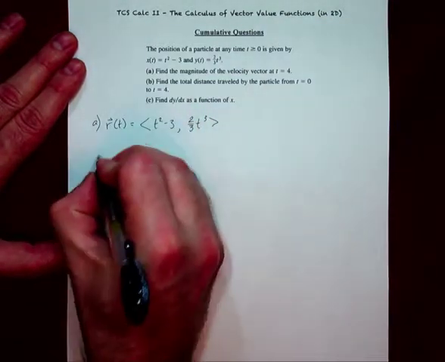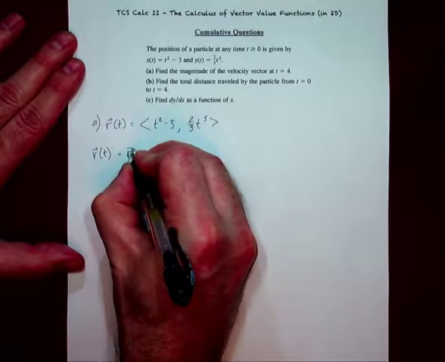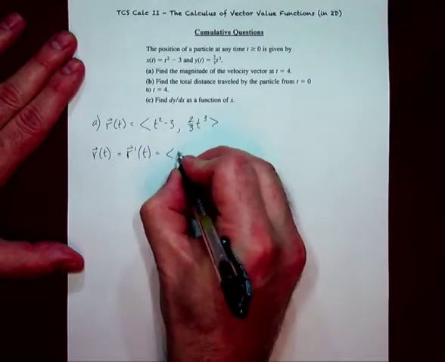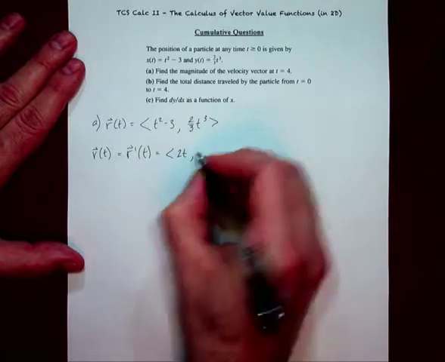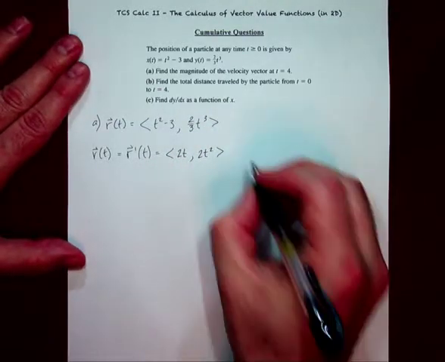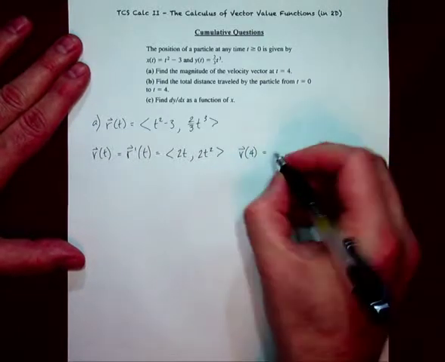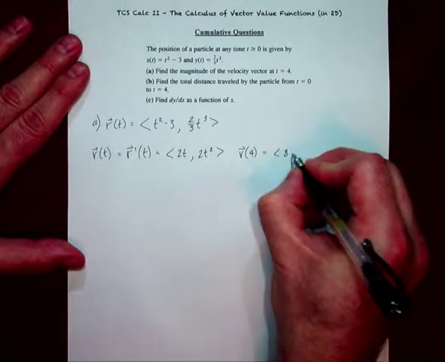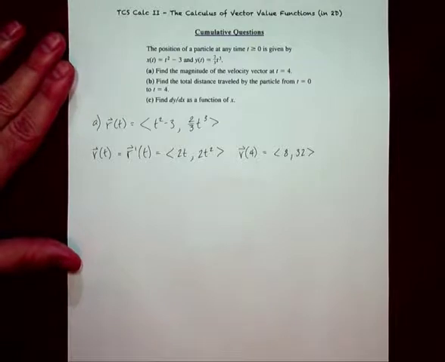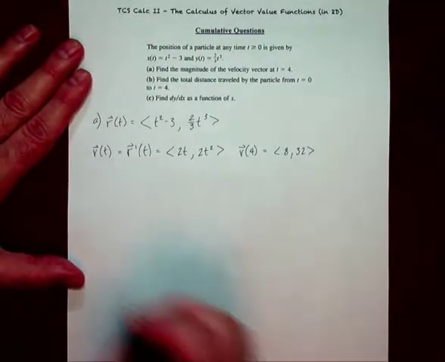Now, if I want the velocity, I need to take the derivative component by component, which gives me 2t and 2t squared. That means my velocity vector at 4 is the vector <8, 32>. And if I want the magnitude of that, it means the length, right?